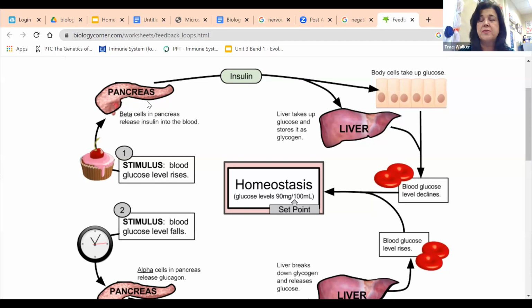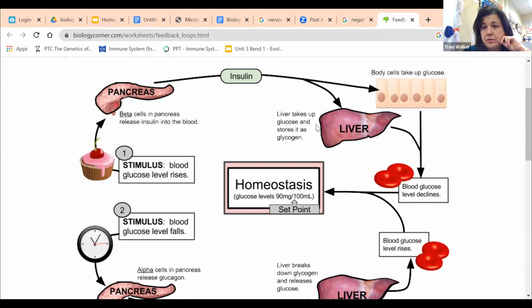So your blood sugar goes up, and since your nerves sense in your bloodstream that there's too much sugar, they send a message to your brain, which tells your pancreas to make insulin. Okay, so your pancreas makes insulin, and then insulin causes your body cells to absorb more sugar.